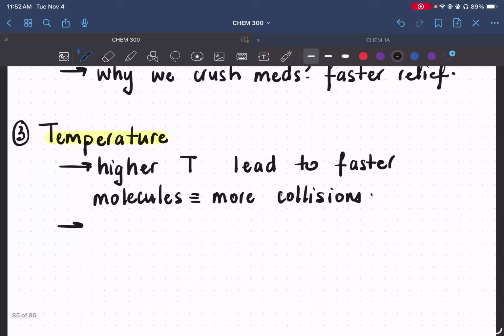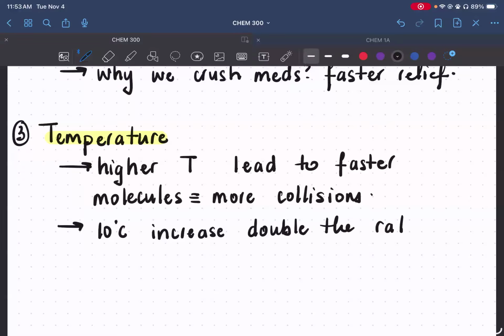In fact, it's been well established historically that a 10-degree increase is known to double the rate of a reaction. This basic idea is why we refrigerate food to slow down the spoiling process.